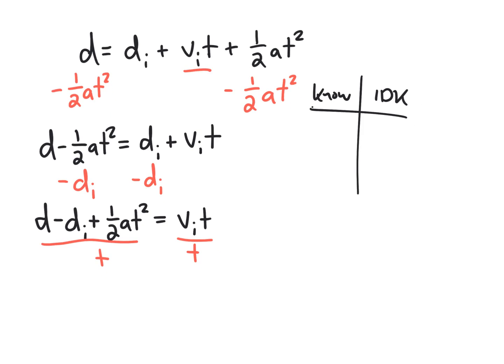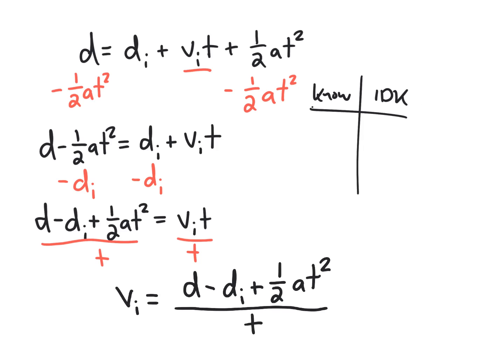And I get v sub i equals d minus d sub i plus half of a t squared, divided by t. I can simplify, I can move stuff around, I can do whatever algebra I'd like, but this will give me the initial velocity. Then all I'd need to do is just plug in my distance, my initial displacement, my acceleration, and my time.